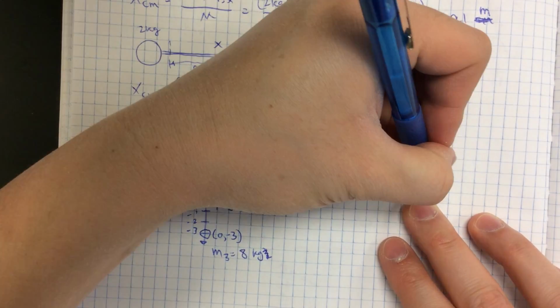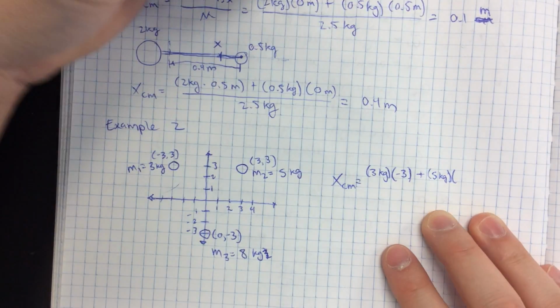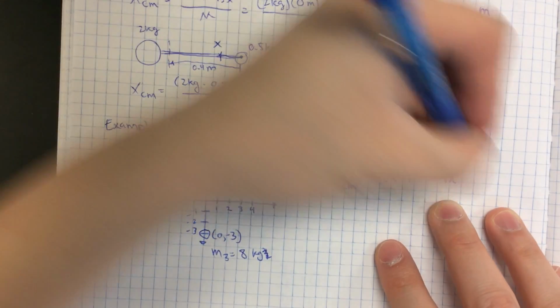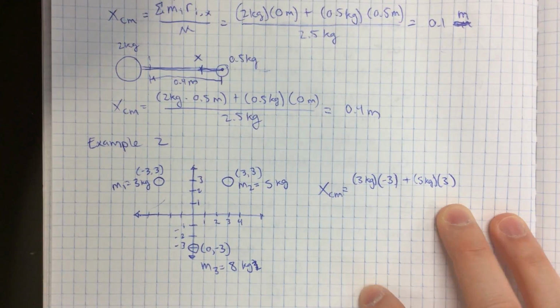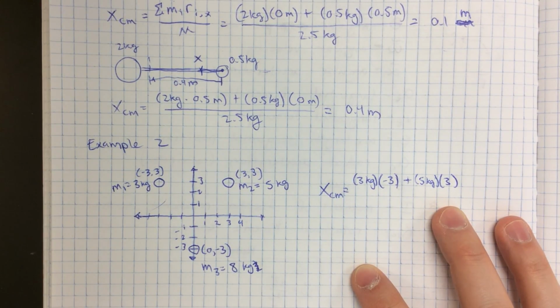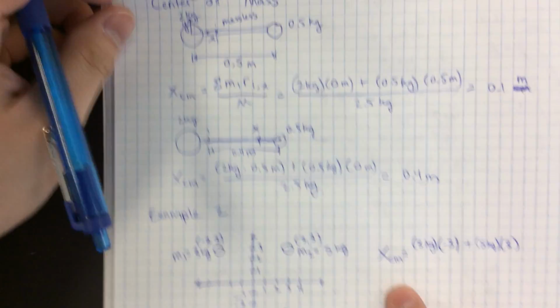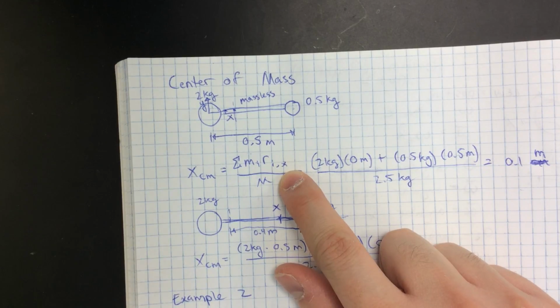And then I'm going to add this one, plus 5 kilograms times 3. Wouldn't it be 3 root 2 because you're finding the distance X from the origin? Sorry. If you go back to the way I wrote the sum, it is just the x component.